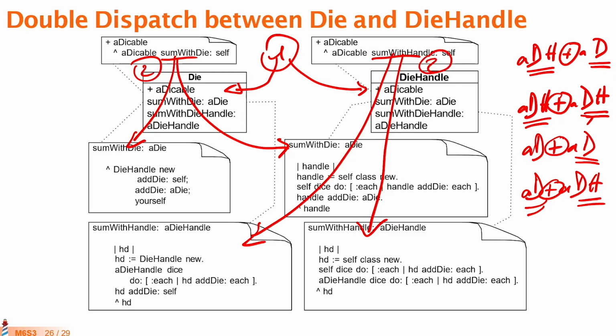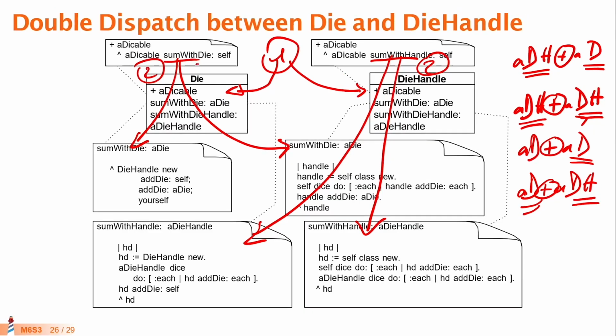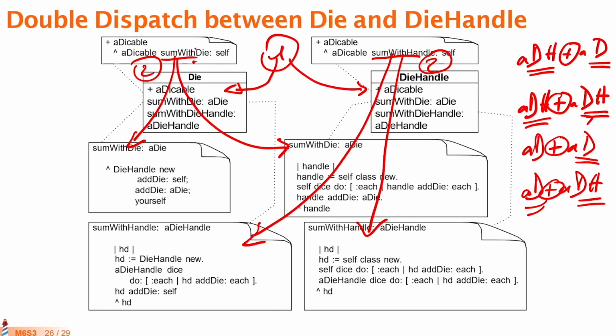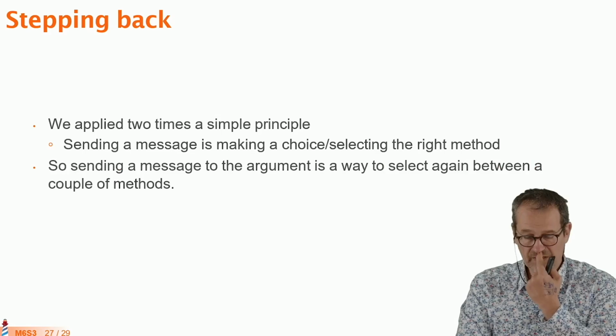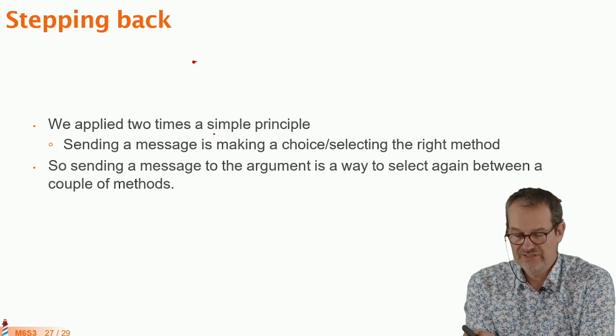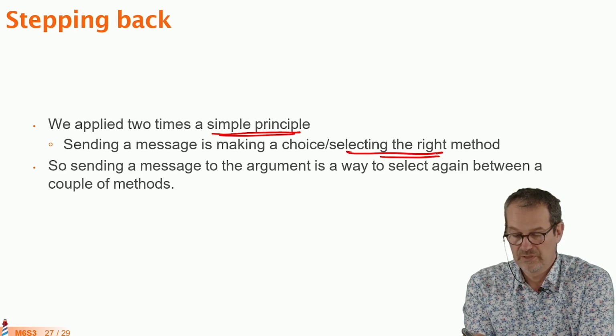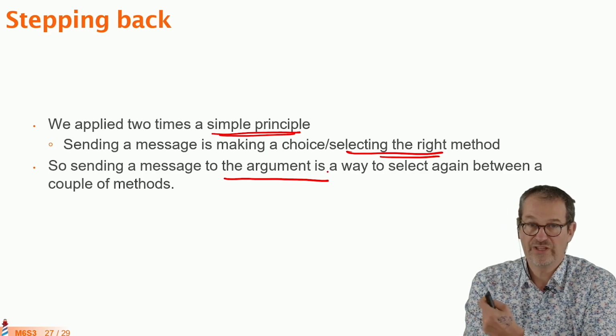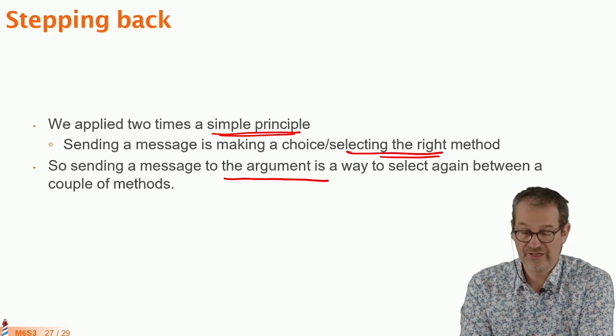Each time you send a message plus, the system selects the correct method on each class, and then after internally sending another message to the argument, it selects the correct methods in the different classes. In fact, if we step back, we apply two times the same principle. We send a message and the system selects the correct method for me. So sending a message to an argument was a way to select again between different methods on different classes.